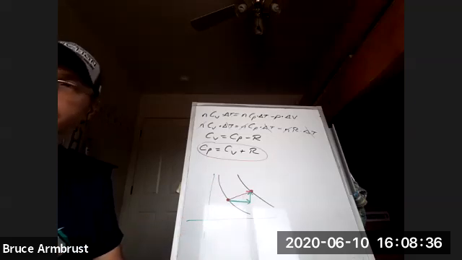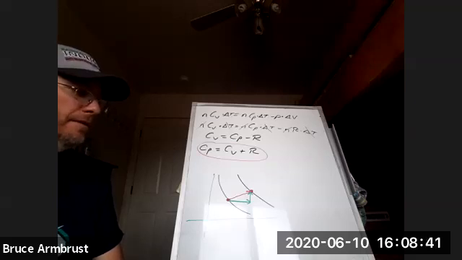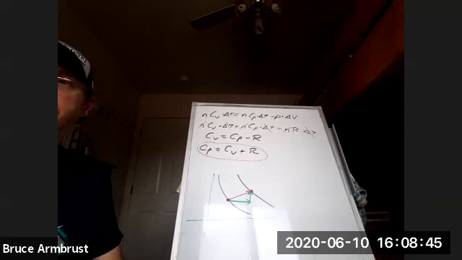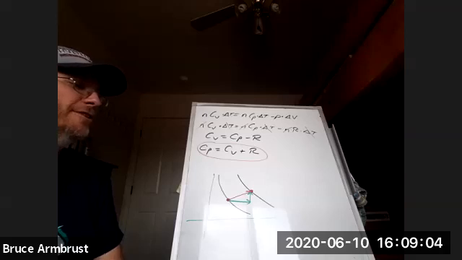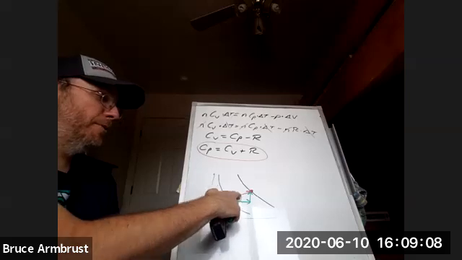Can you see why? Just in the discussion of what we talked about last time. What's different about green and red? Think first law. The total change in energy is the same because we're still going from this point to that point.